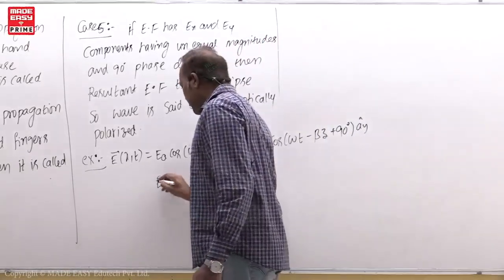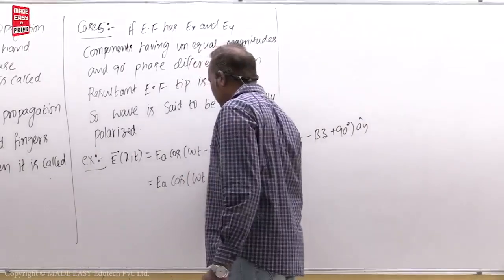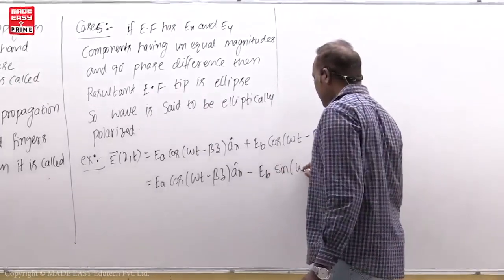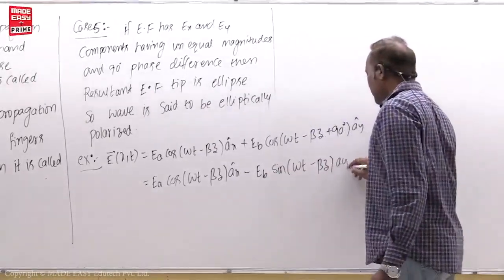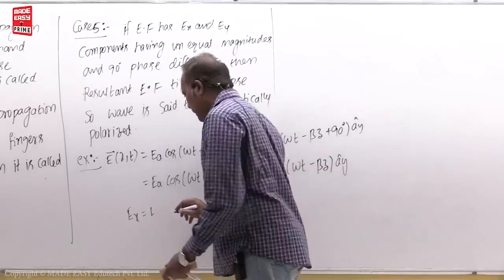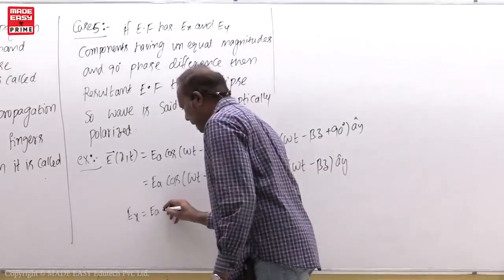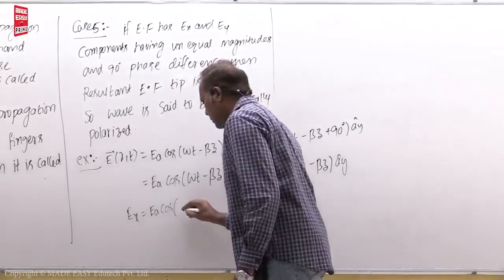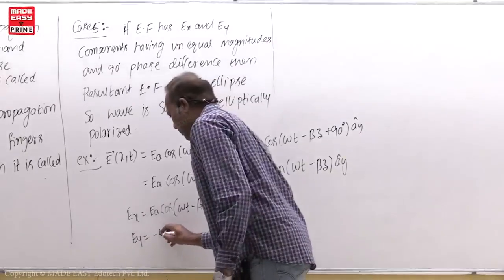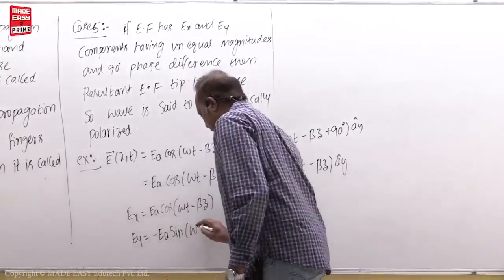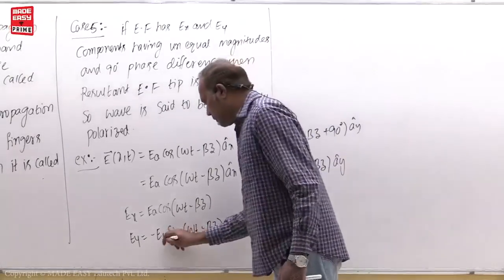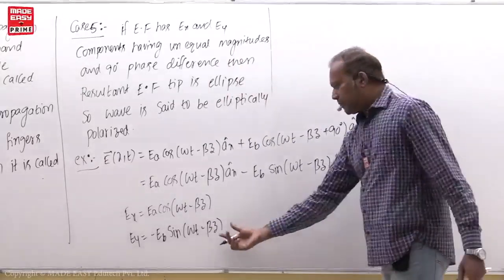Now that is EA cos(omega t minus beta z) AX minus EB sin(omega t minus beta z) AY cap. So here the electric field X component is EA cos(omega t minus beta z). The electric field Y component is minus EB sin(omega t minus beta z).